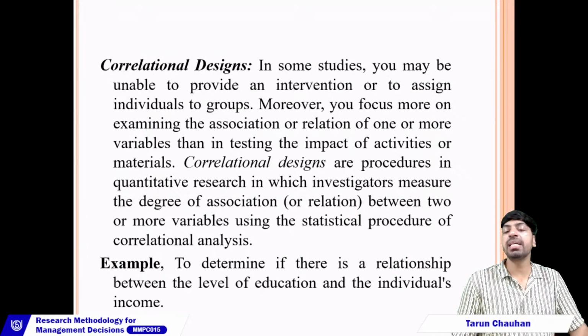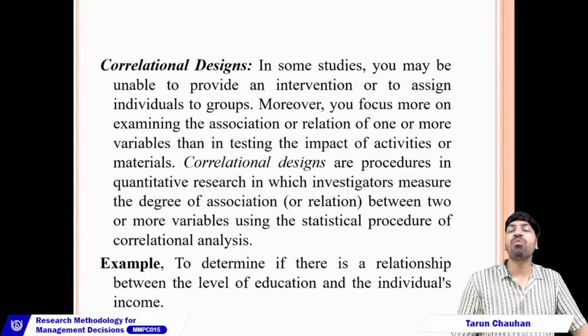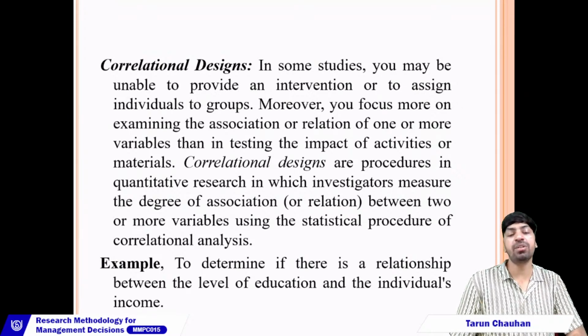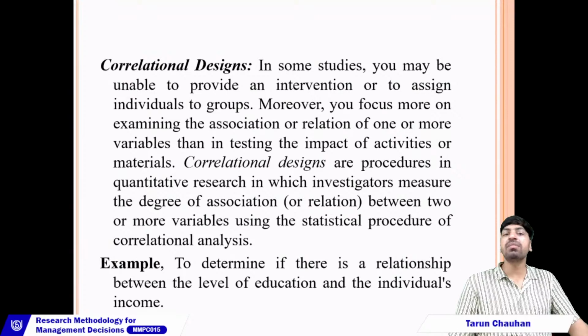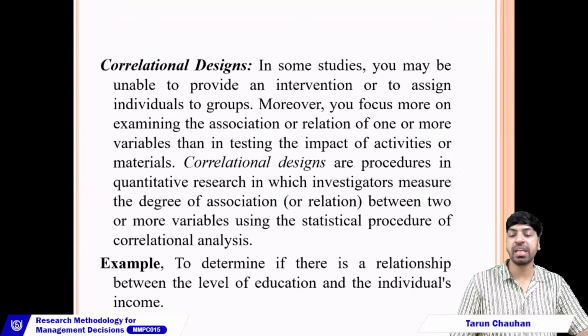One example shown on the screen is to determine whether there is a relationship between the level of education and individual income. As per my perception, it is yes. There is a strong, positive relationship between the level of education and the level of income.